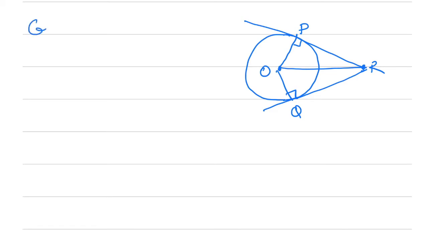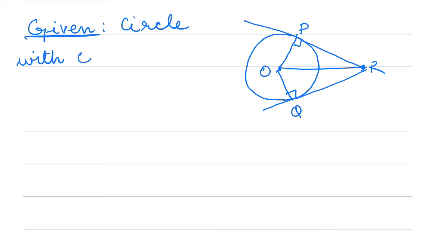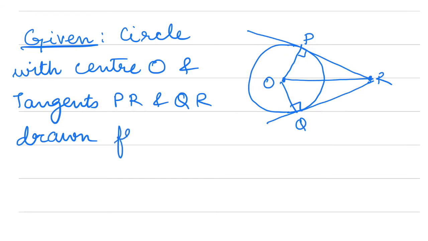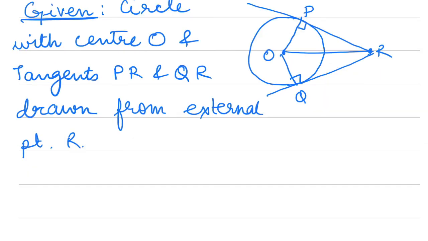We know. Given, we have a circle with center O and tangents PR and QR drawn from external point R. We have construction here.